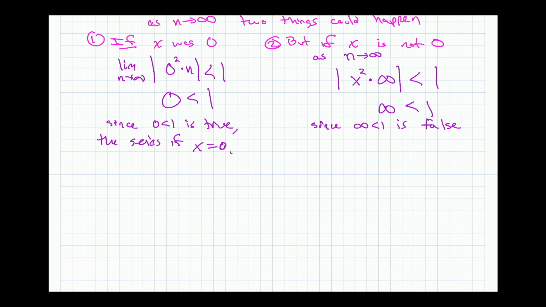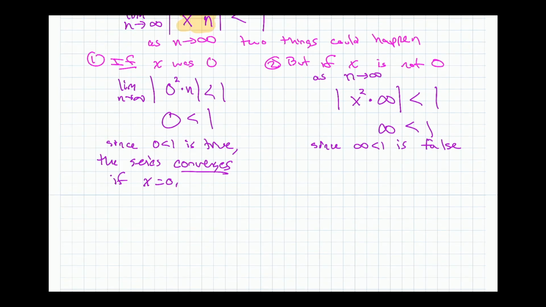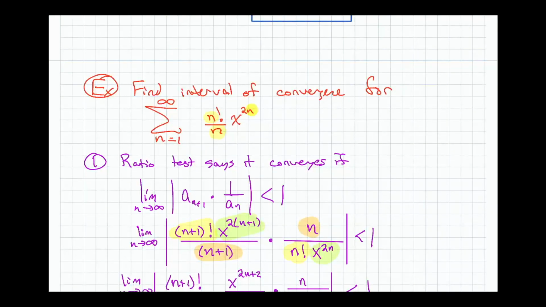I didn't actually write what I meant over here. So I just realized that it says, since 0 less than 1 is true, the series converges if x equals 0. Let me rewrite this over here real quick. If x equals 0, right? Because remember, the whole thing about that inequality was the ratio test says the series converges if it's less than 1.